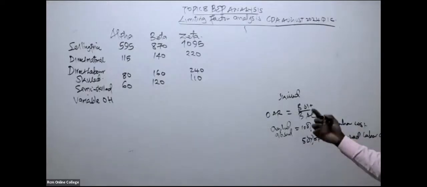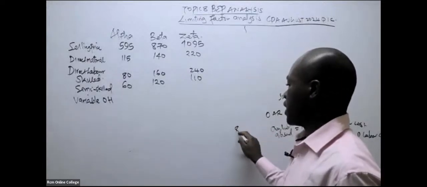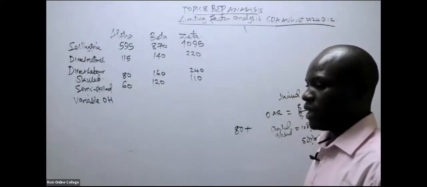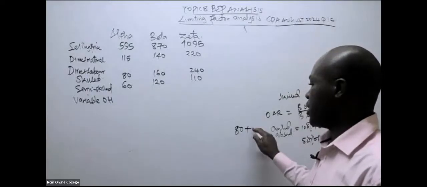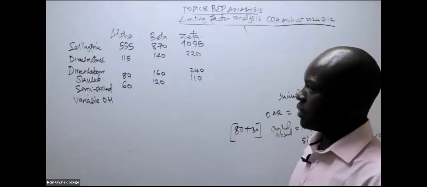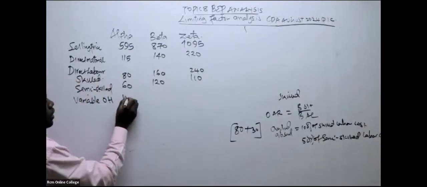So 100% of skilled will be 80 plus 50% of semi-skilled, 50% of 60 will be 30. So our variable overheads for alpha will be 80 plus 30, 110.